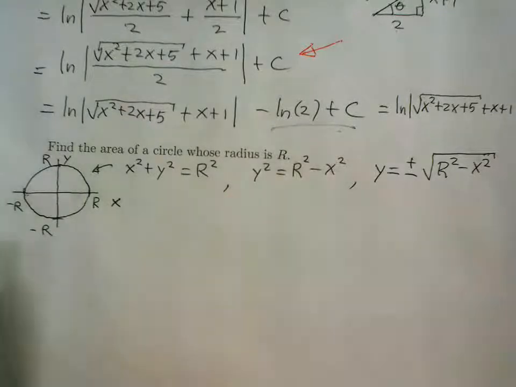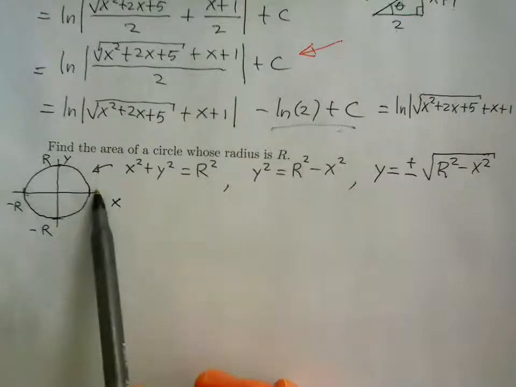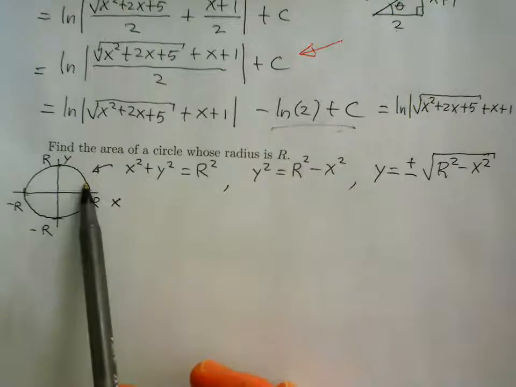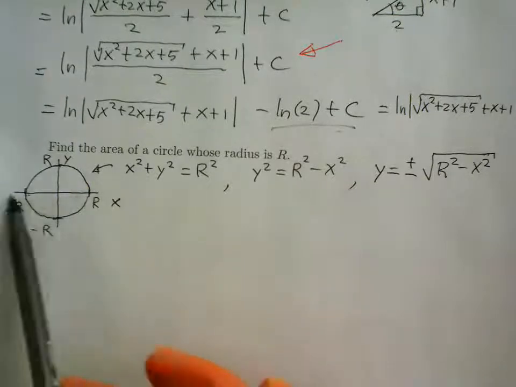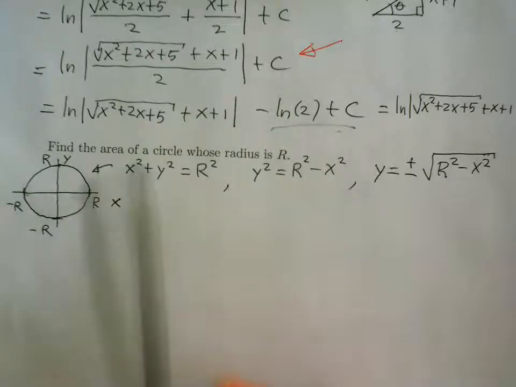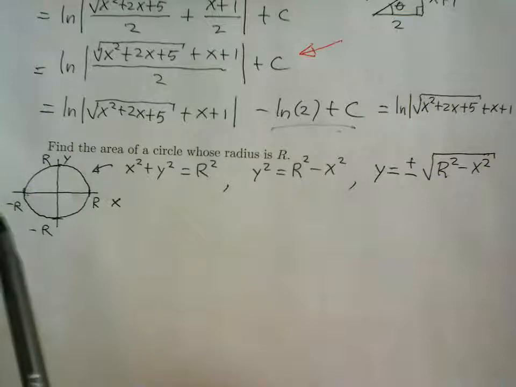Right, remember from Calc 1, if you have a graph of a function in the xy plane that's above the x-axis, and if you integrate on an interval, then the value of that definite integral is just the area that's below the graph and above the x-axis. So that's all we're doing.